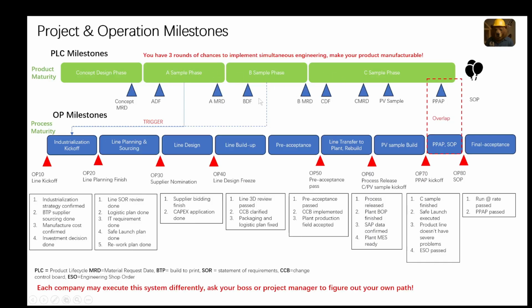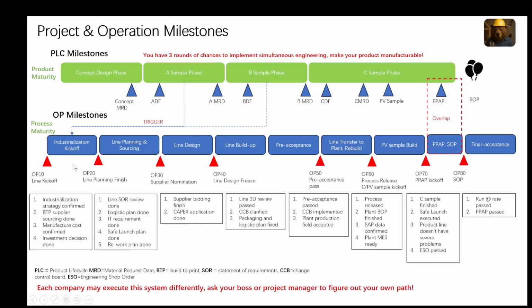At the B sample phase, your product line is going to be kicked off. So what you're going to do is make sure that the industrialization kicks off as late as possible. At best, it is the B sample phase. Some companies are crazy. They start their product line at the A sample phase, but it doesn't matter.